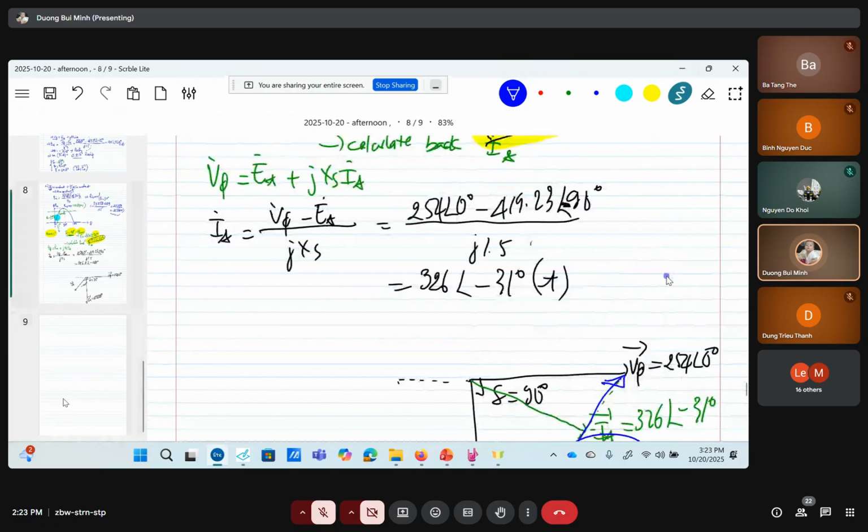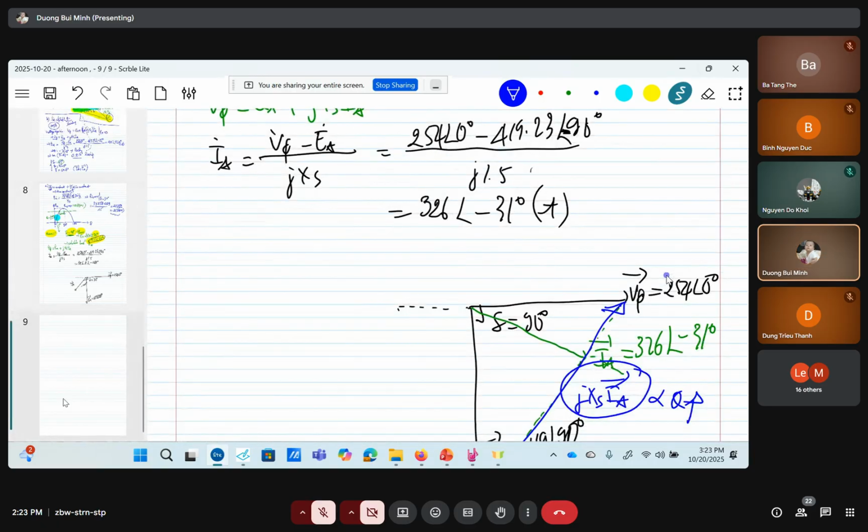So how can we calculate Q? Q is square root of 3 VL IL sin theta, or you can get 3 V phase IA sin theta.